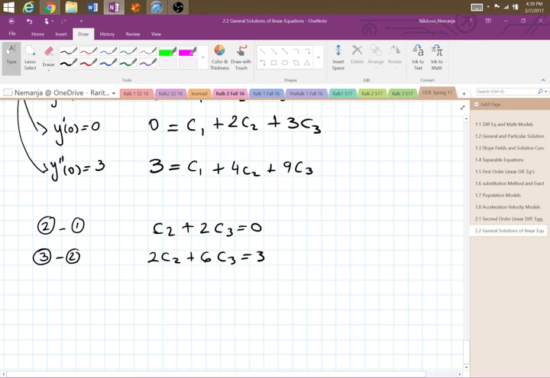Now multiply the top equation by 2 and subtract again: equation 2 star minus 2 times equation 1 star. That will eliminate C2. You would have 6 minus 4 is 2C3 equals 3. I got C3 to be 3 halves. Is that what you have, guys? 3 halves?